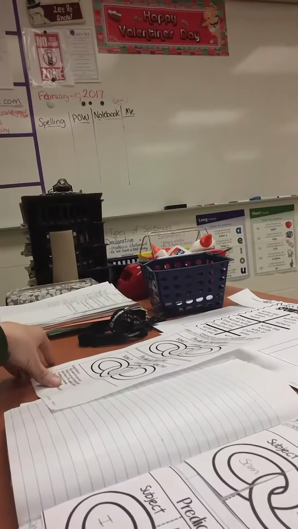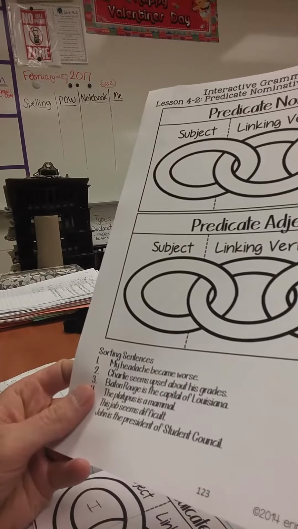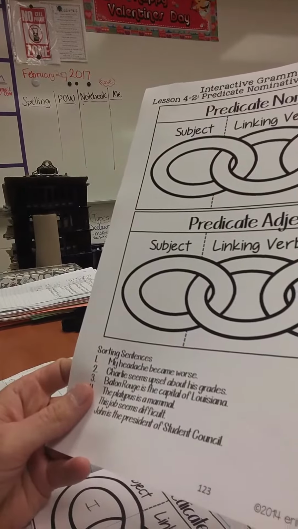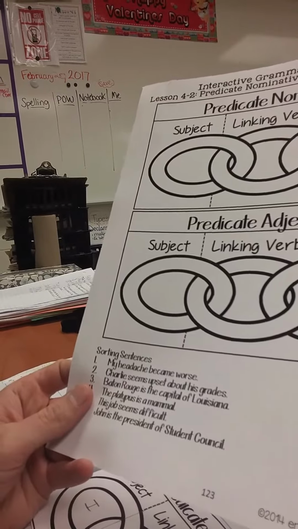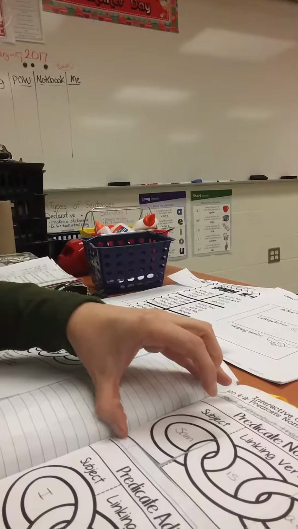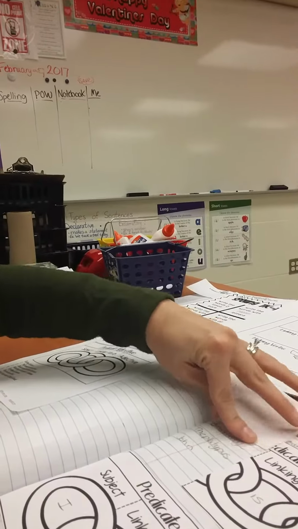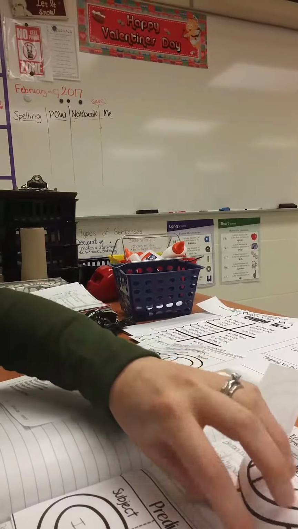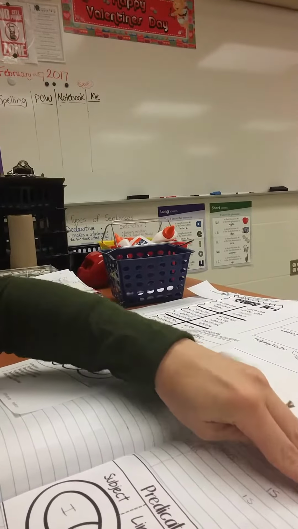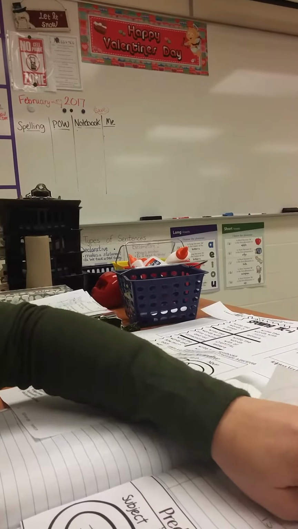Now if you look at your example sentences on the bottom of your page that you cut out, there are 3 sentences that use the linking verb is. You're going to write those sentences, figuring out the subject underneath the subject, the linking verb underneath the linking verb, and we know is is the linking verb, and then the nouns go underneath the noun part.